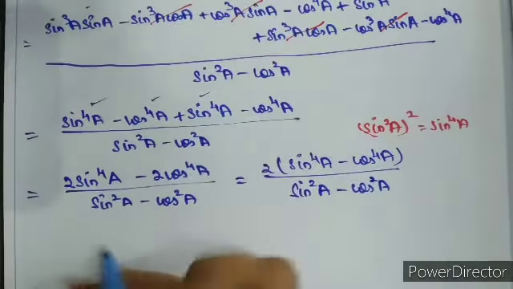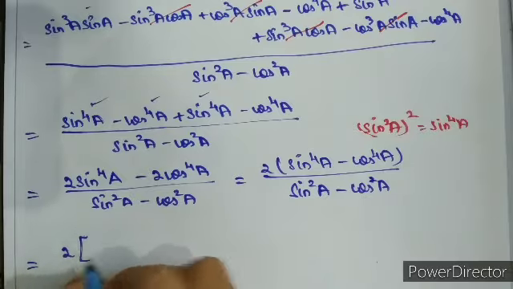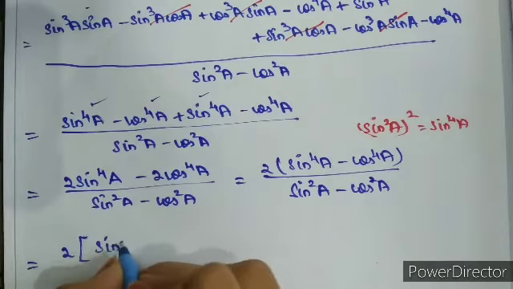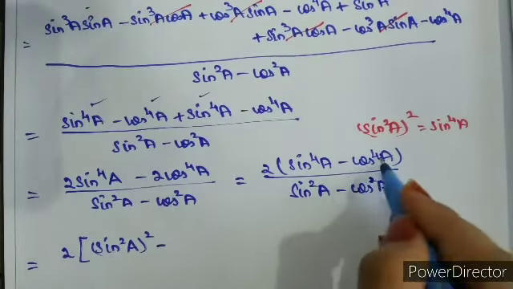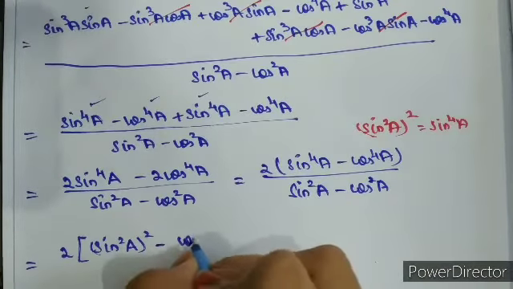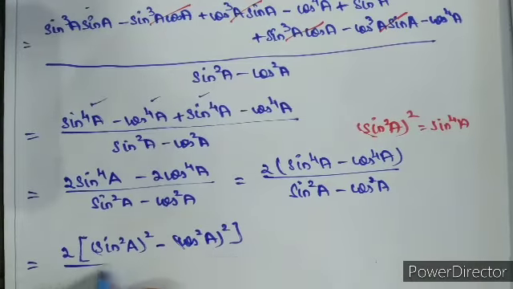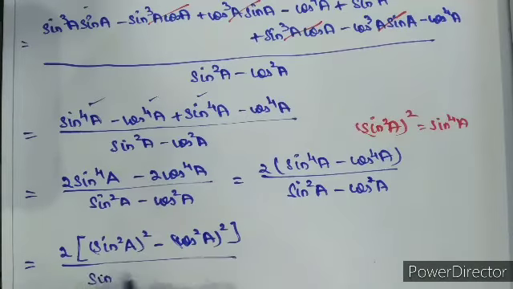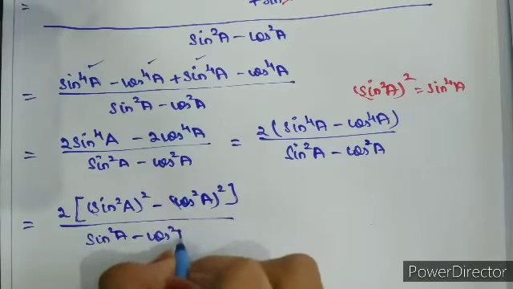So I'm going to write this as 2 into sin square A the whole square. Similarly, for cos power 4A, we can write this as cos square A the whole square, divided by sin square A minus cos square A.